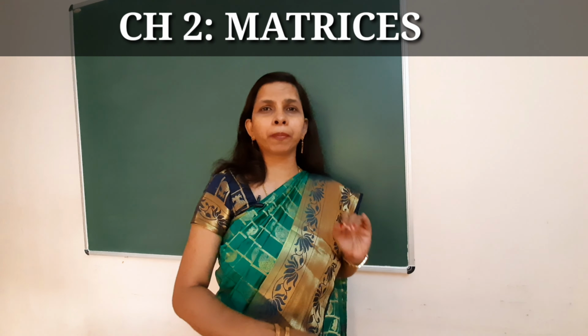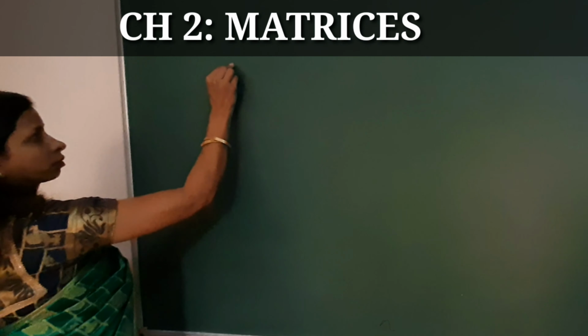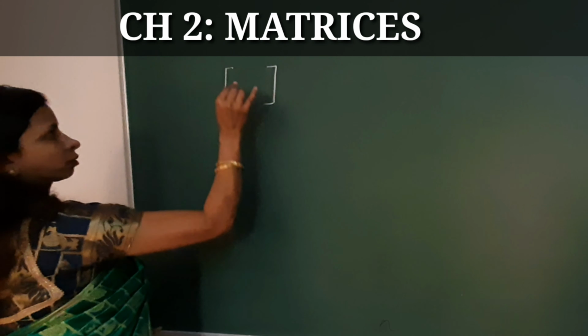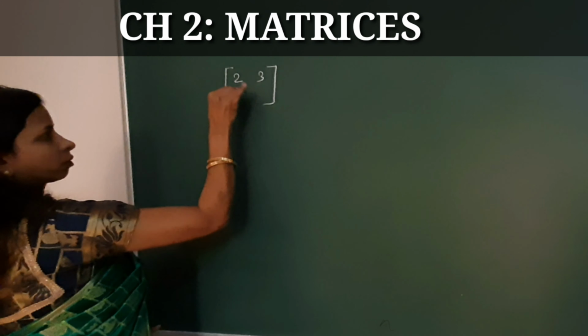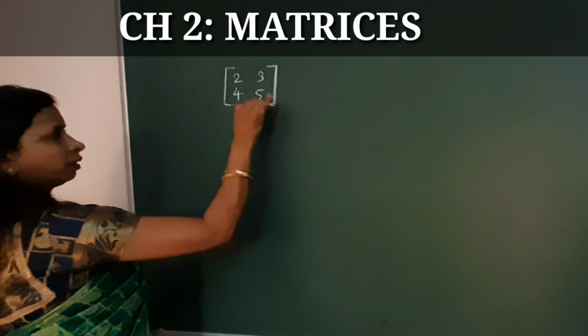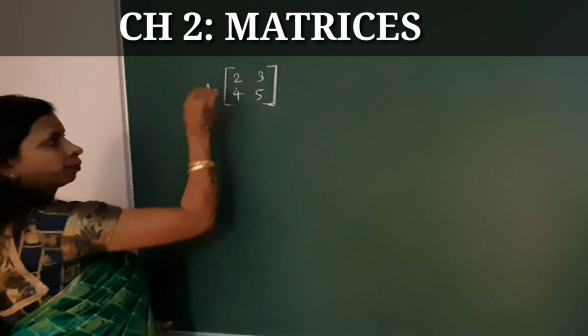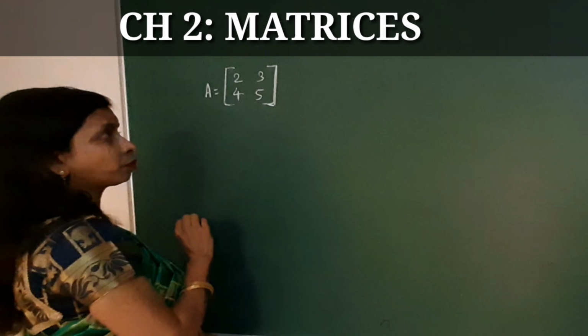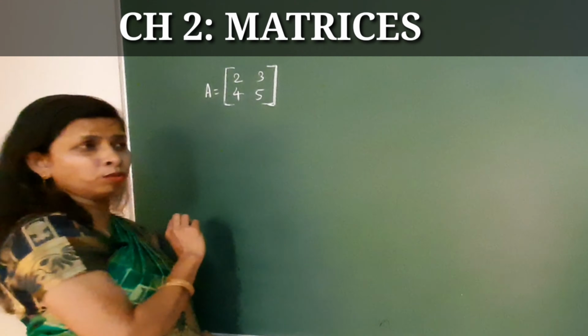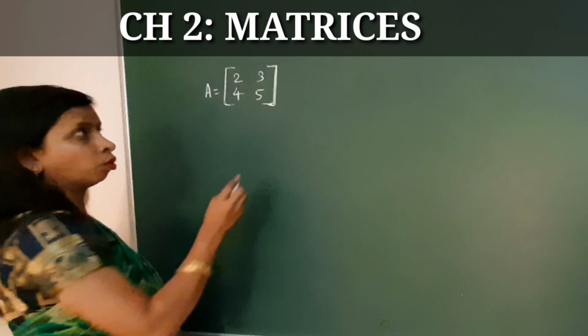First thing would be, what is a row? This is how we denote matrices, by giving a name, that is A equal to, given these many values. Now which element denotes the row?